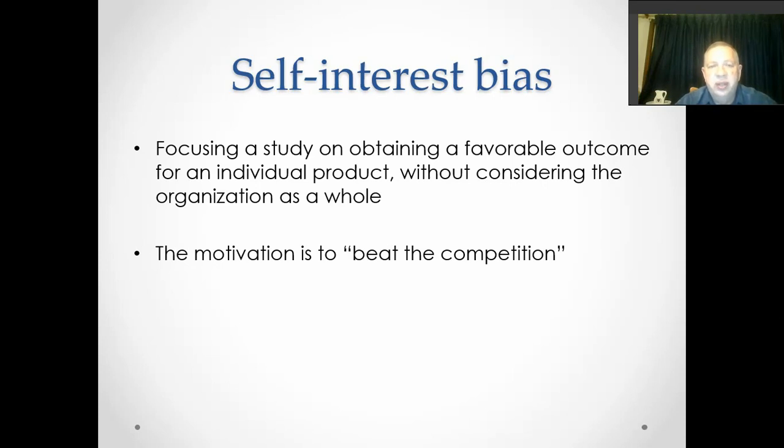So here in this slide, they're saying the motivation is to beat the competition, but it may be other things as well. There's just something inherent about this would be good for me if this occurred. And it may not be openly happening.